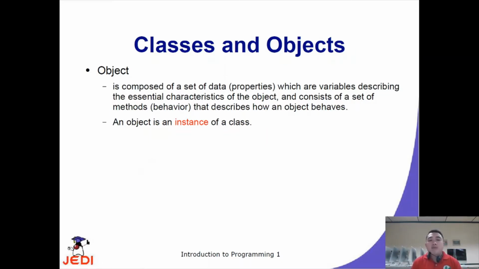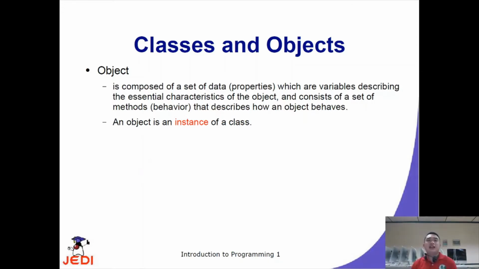By definition, an object is composed of data, which we call properties or attributes, which are variables describing the essential characteristics of the object.